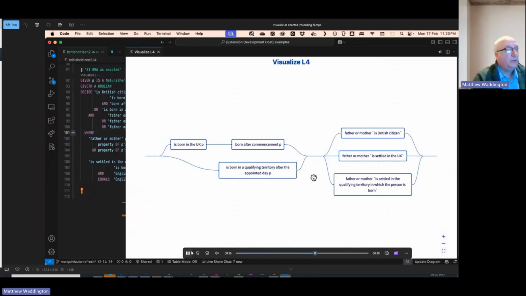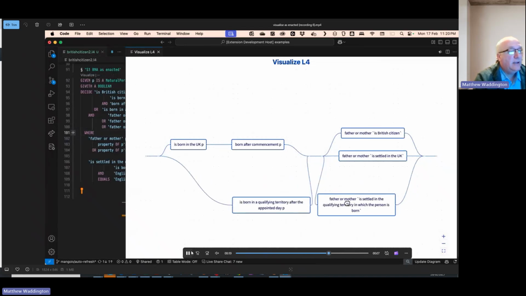One of the issues with the British Nationality Act is the way that these provisions relate slightly oddly to each other. This is because it was amended after the original was enacted to add these provisions about a qualifying territory, which, as I say, is a British overseas territory, basically. The reference to settled in the UK or in that territory in the original is slightly difficult because that only applies if the person was born in the qualifying territory.